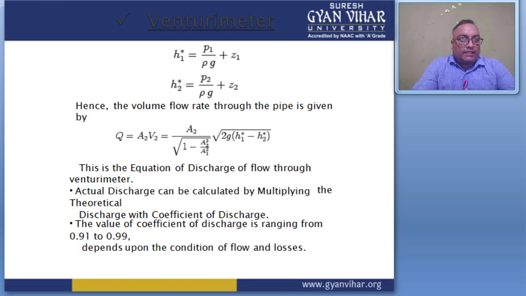This discharge coefficient depends on the different conditions of the flow and the losses inside the venturimeter. Different kinds of venturimeter are present: first is the horizontal venturimeter, then the vertical venturimeter, and the inclined venturimeter also.